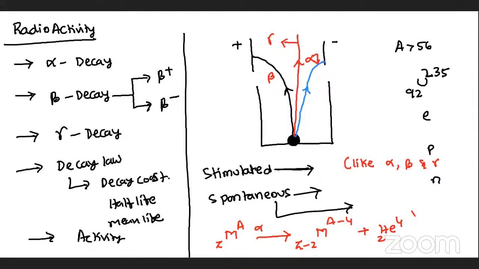Like alpha, beta, and gamma radiation is called natural radioactivity or spontaneous radioactivity.